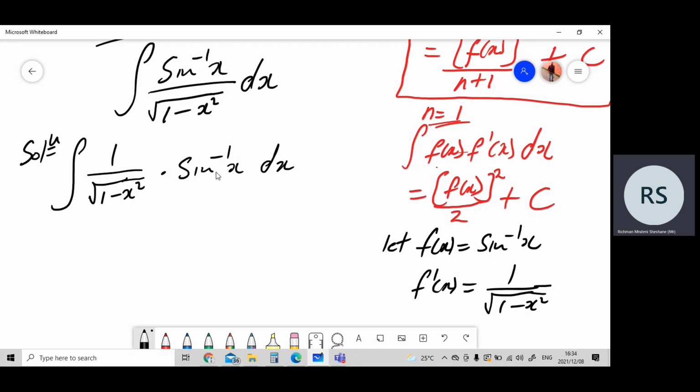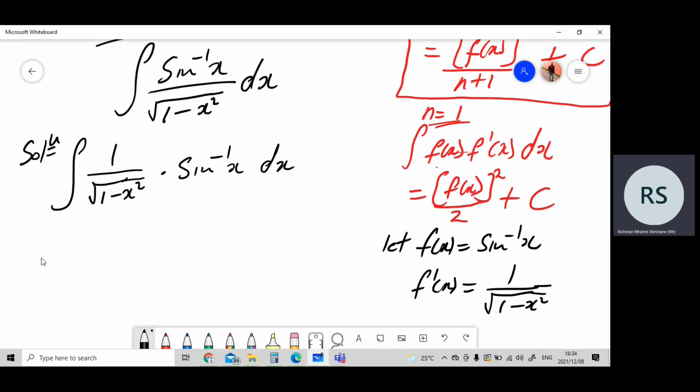Then you notice that if you let this be f of x and there is a derivative of it, which means you have this form, where your f of x is to the power of 1. So you can just say the integral of this is f of x to the power of 2 over 2 plus c.